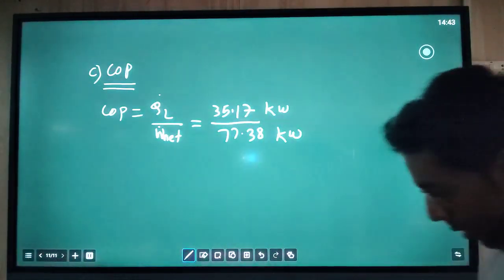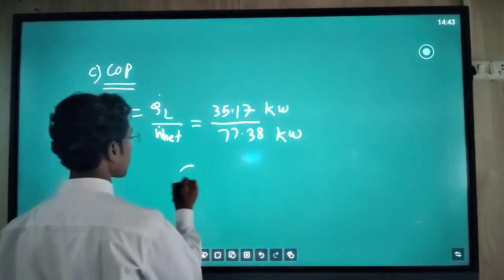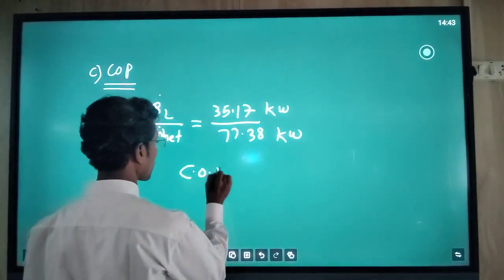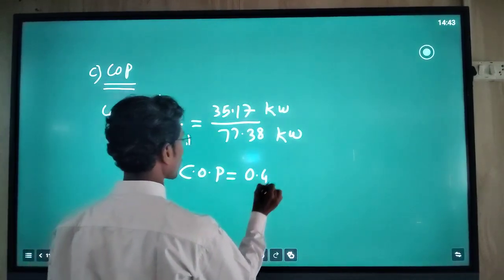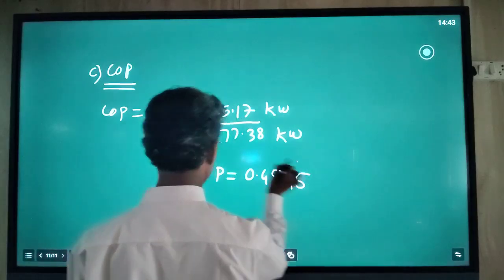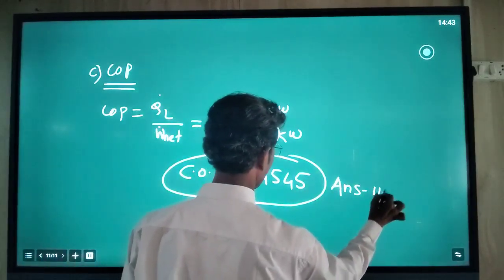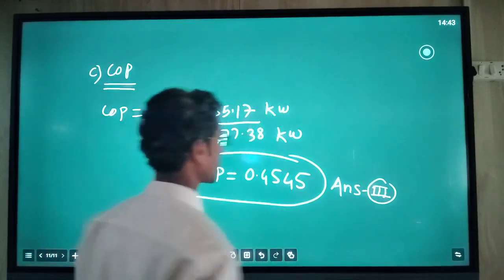By putting these values over here, we find the COP 0.45. This is the COP, which is the third answer in the statement.